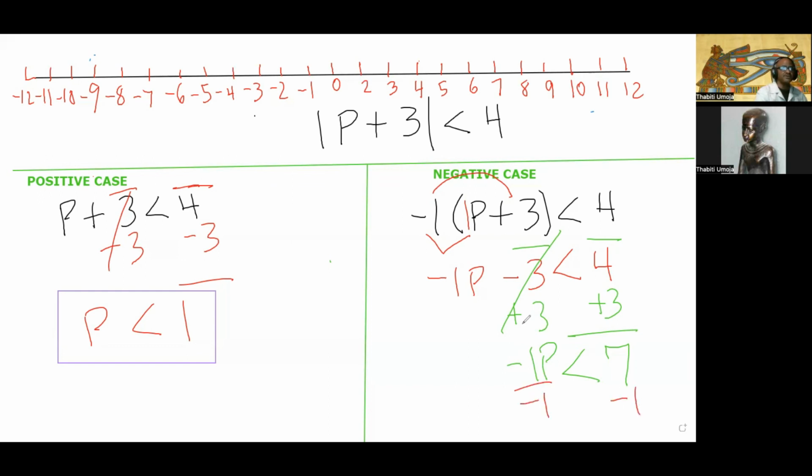Negative 1 there. We know we're going to cross out these two right here. We're going to have p is 7. This is the division problem, right? Yes, so it's going to be negative 7. But remember, we're dividing by a negative number, so we have to make it just the opposite. So p is greater than -7.